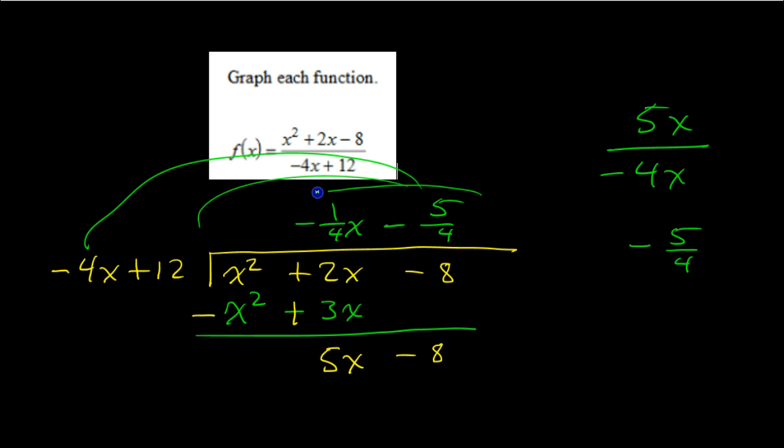So this is the slant asymptote right here: negative 1/4 x minus 5/4.